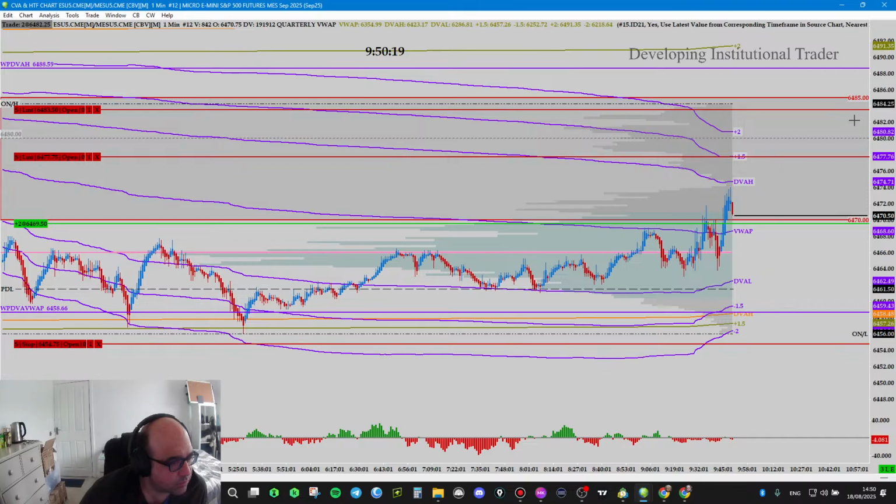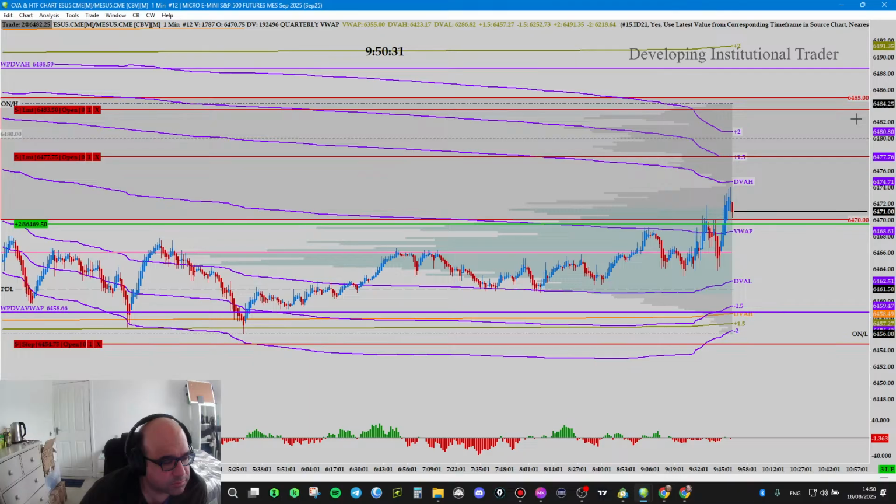We may test the VWAP again. Now we're testing the buyers right at the edges.